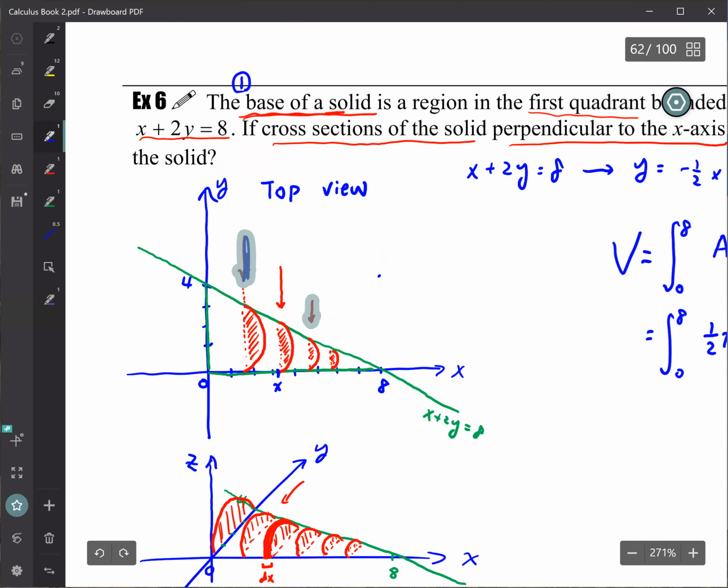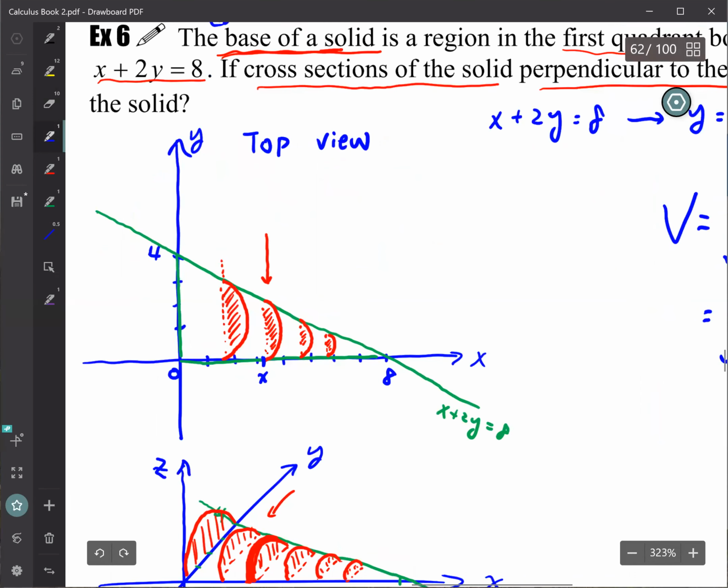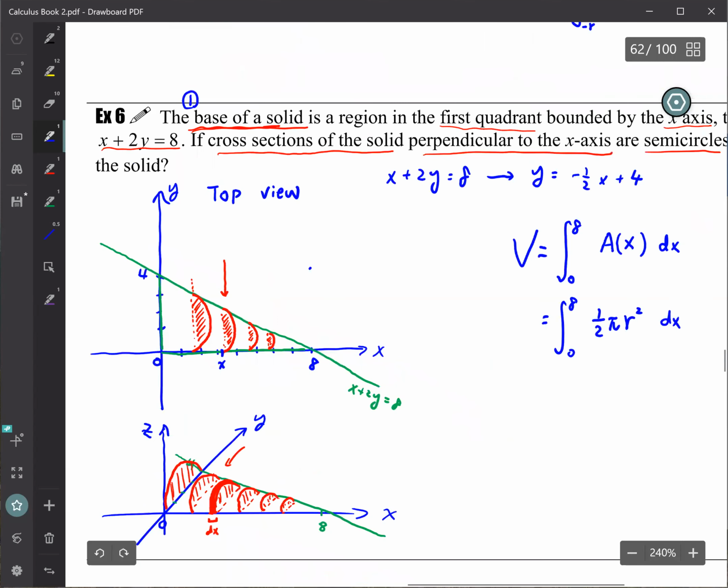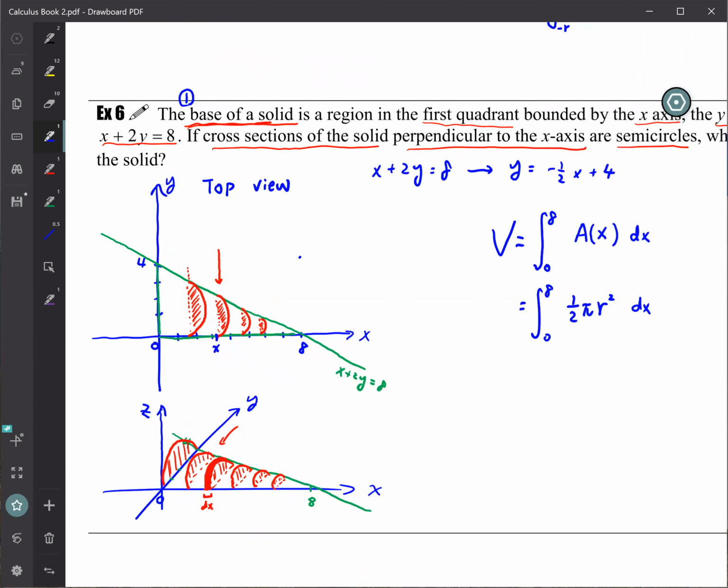Okay, so that slice, if I know the x, how do I get the radius of that semicircle? Okay, think about this. You could pretend it's a number, right? So if x equal to 3, how do I find the radius of that lemon?